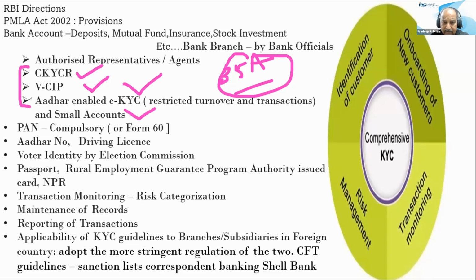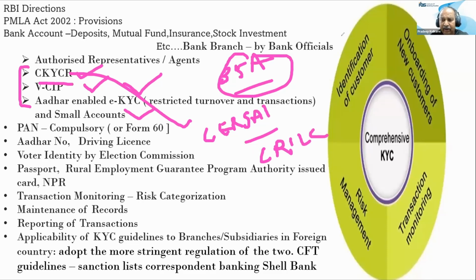These 4 are very significant. Under CKYCR, the Central KYC Registry is established by the Reserve Bank of India and managed by CERSAI. And an exam question came whether, since it is established by RBI, it is managed by CRILC.